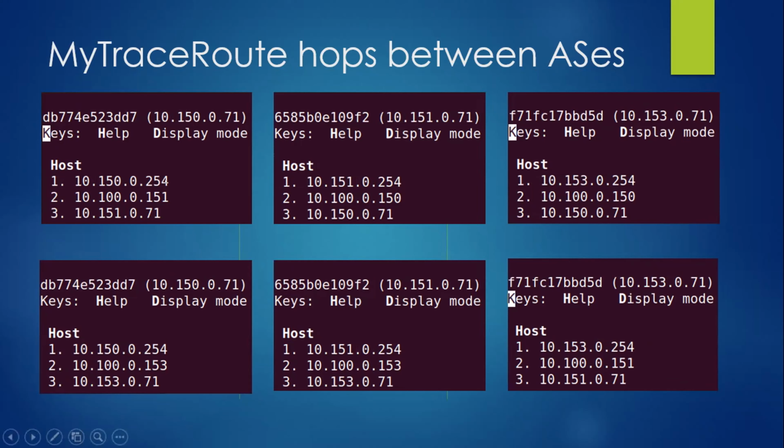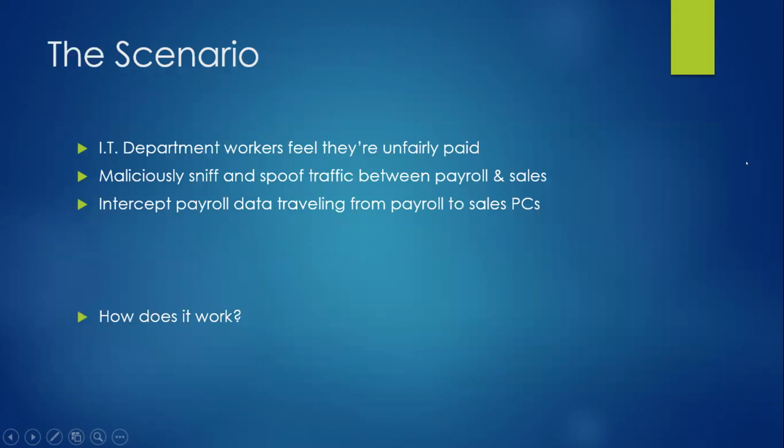And the traffic just goes from one PC into its router through the internet exchange point and into the machine that it's directed towards. So this is just showing the trace route to show how the hops travel between the two sections.